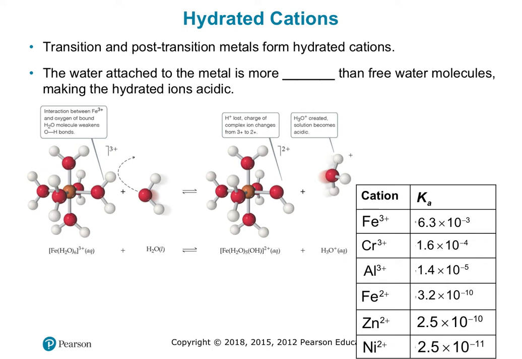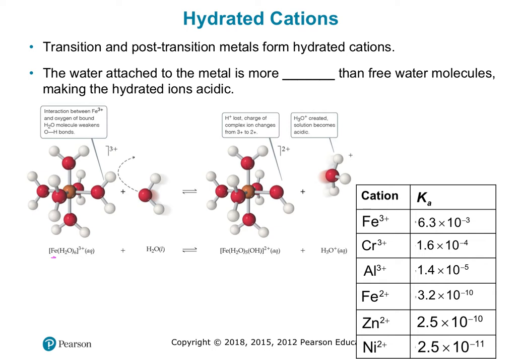With these transition and post-transition elements, these cations are going to form a hydrated complex. Hydrated means attached with water. So here's iron 3, and it is surrounded by waters, and this is what happens when any kind of metal is dissolved in water.